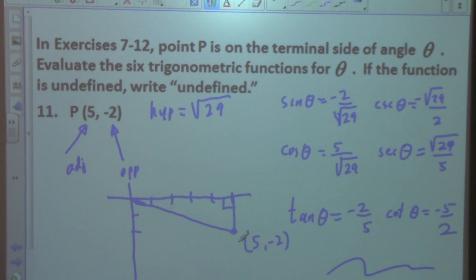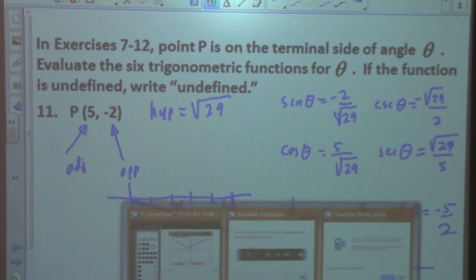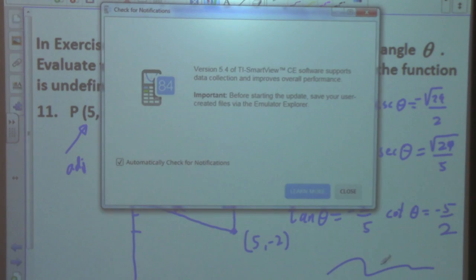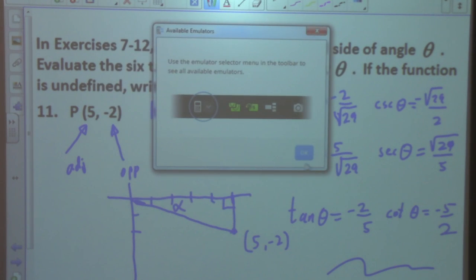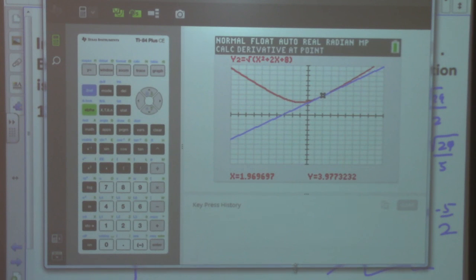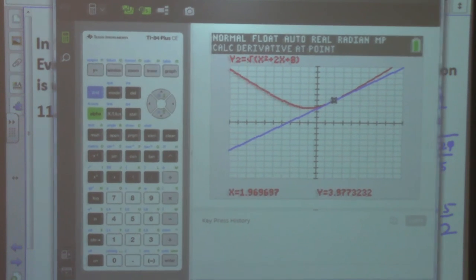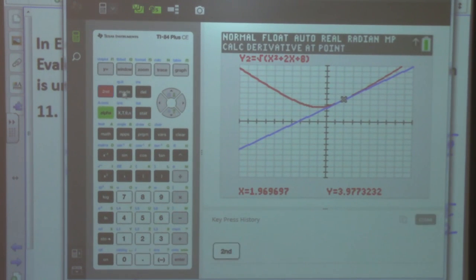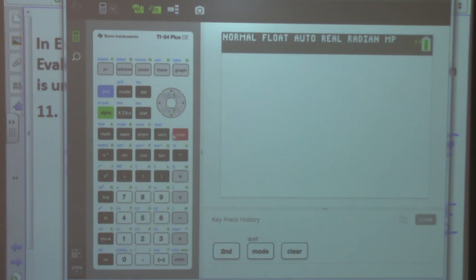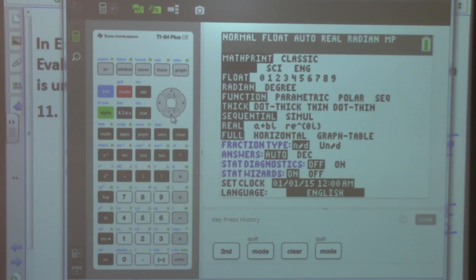I want to show you something that's pretty cool. So this is your reference angle here, right? I want to show you how to find the measure of that reference angle. And we have -2 over 5. So I'm going to change my mode here to degree.